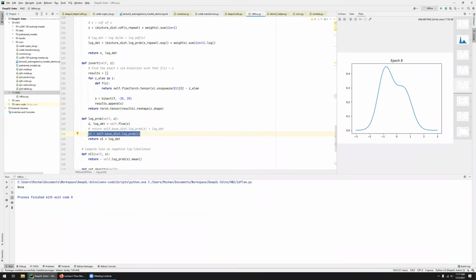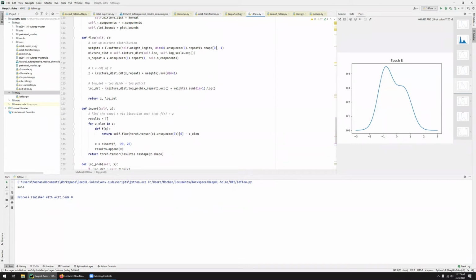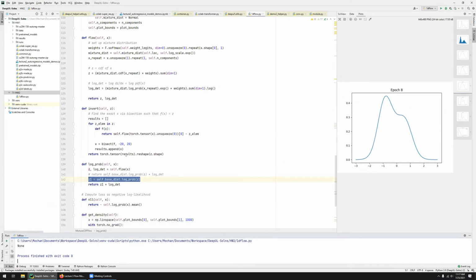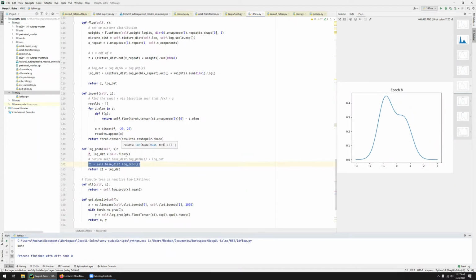Yeah. I think if you look at the flow function just slightly up, where it's got mixture distribution, so Z equals mixture distribution and your cumulative distribution function. So that mixture distribution there, that's your uniform.